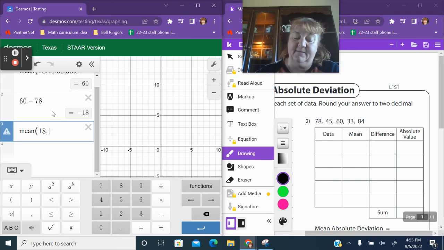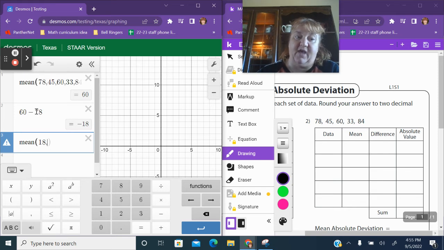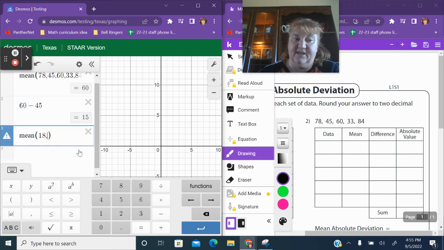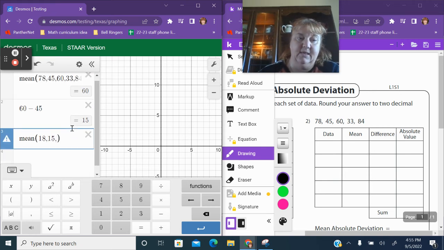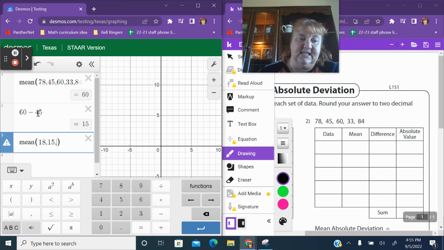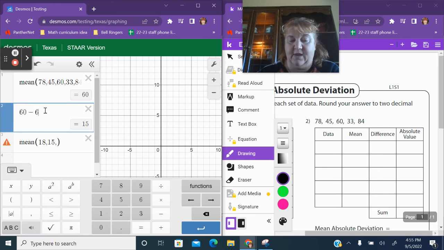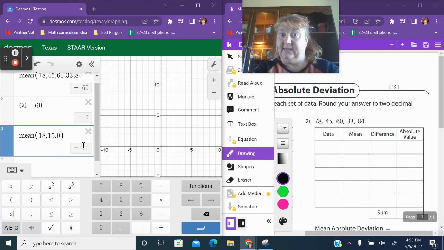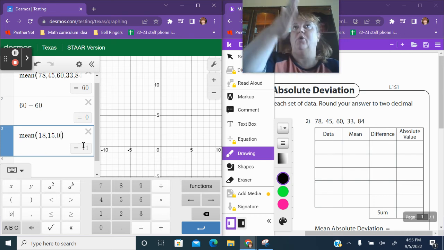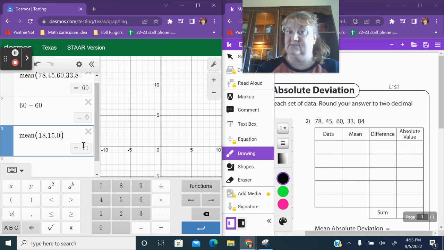So then comma, what's our next one? 45. So let's minus 45. What do we get? 15. Comma, minus 60. Let's subtract 60. Oh, it's 0. This is a good one because you still have to put that number in. If you don't put the 0 in, you're not going to be dividing by the exact amount of numbers.